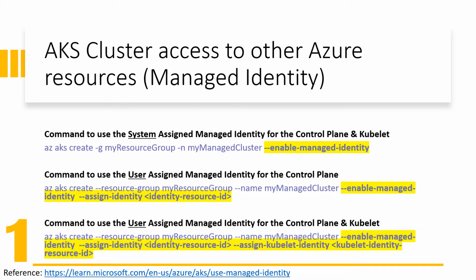If we want to use a user assigned managed identity for the control plane, we should provision this identity before using AKS create, and then use the assign identity argument to specify the ID of the identity which we want to use for our cluster.